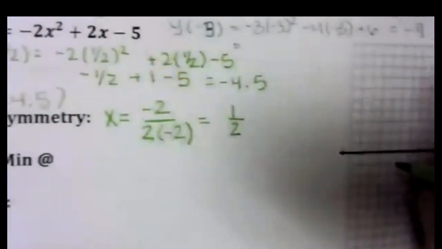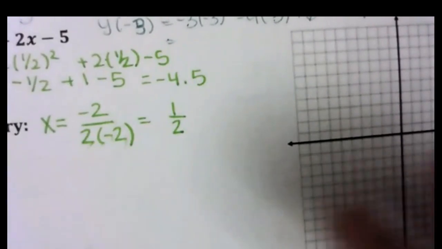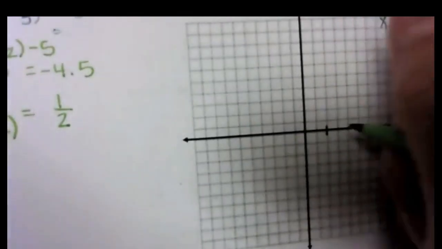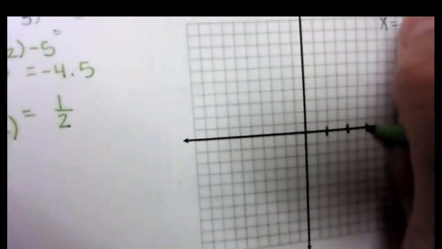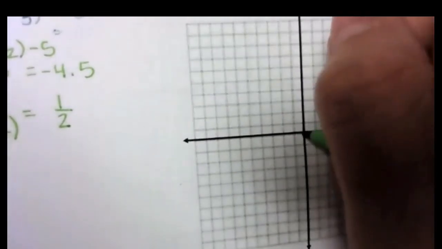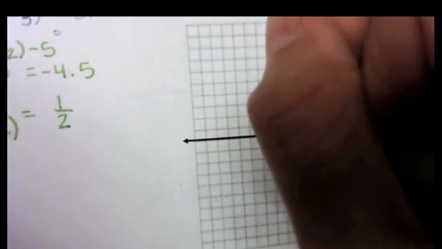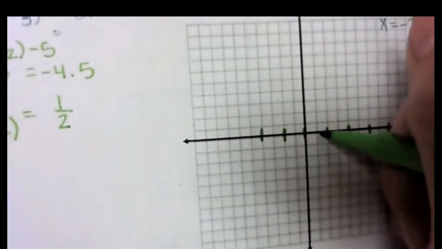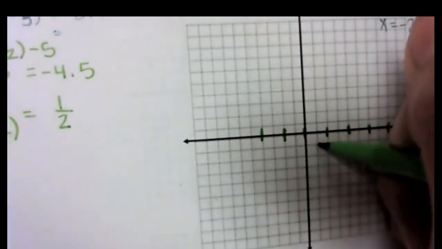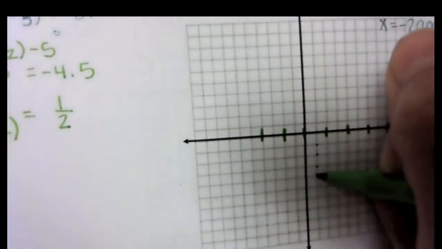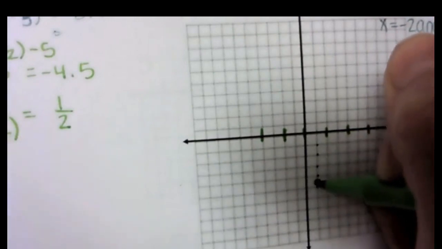And once again, you could do your x's by halves. So it'd be like 1, 2, 3, 4, 0, -1, -2. So you'd have positive a half, and then go down 1, 2, 3, 4 and a half.